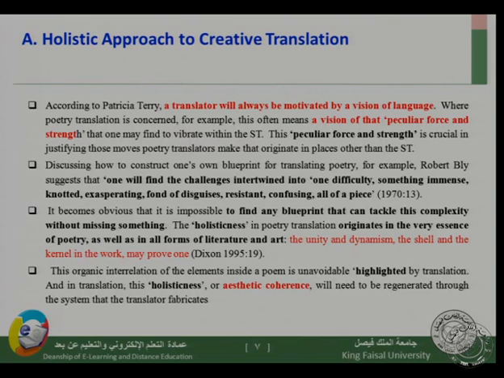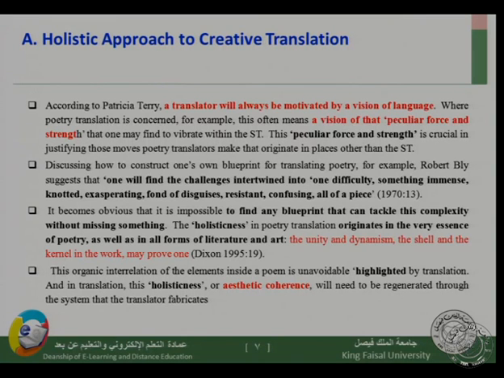Now, in this case, you need to check the outside and the inside for translating poetry, for example. The kernel and the shell. In other words, you need to look at translating a literary text in a holistic way.